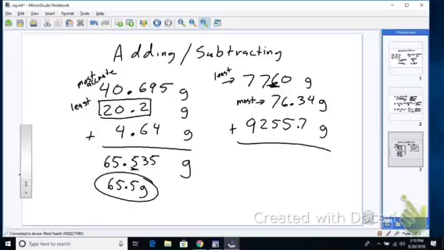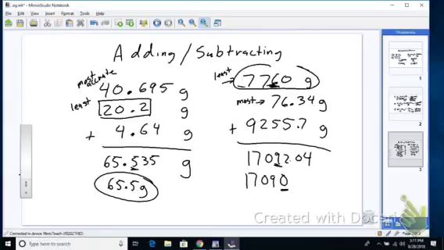So then my answer, 17092.04. I can't use all that. I have to stop right here at that spot. So then my answer would be 17090. See, now this 0 is not significant. And I can't show it because in this one it wasn't significant. So that would be my answer in grams.